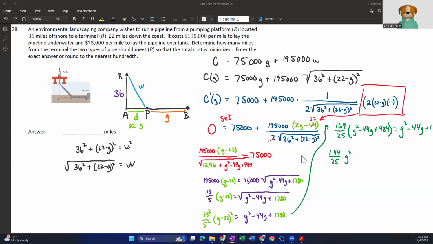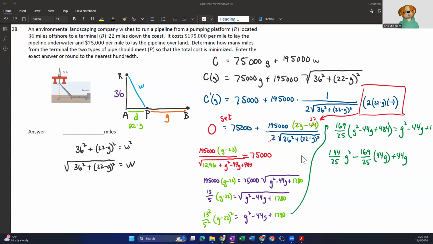No, okay. All right, let's just write this out so that we don't make too much of a mess. 169 over 25 times 44g. And then we are going to add 44g from the right-hand side.